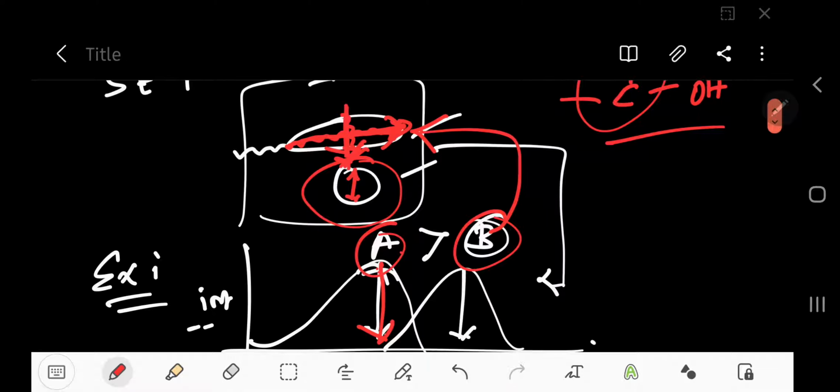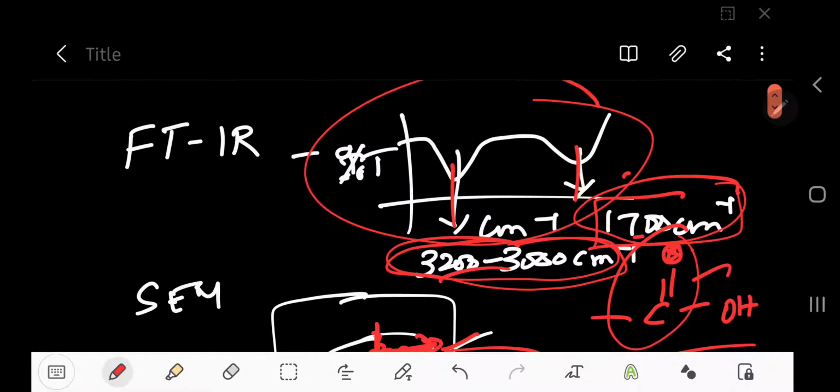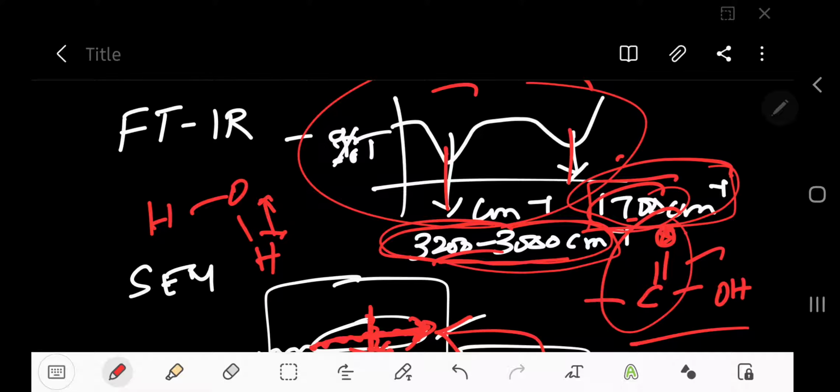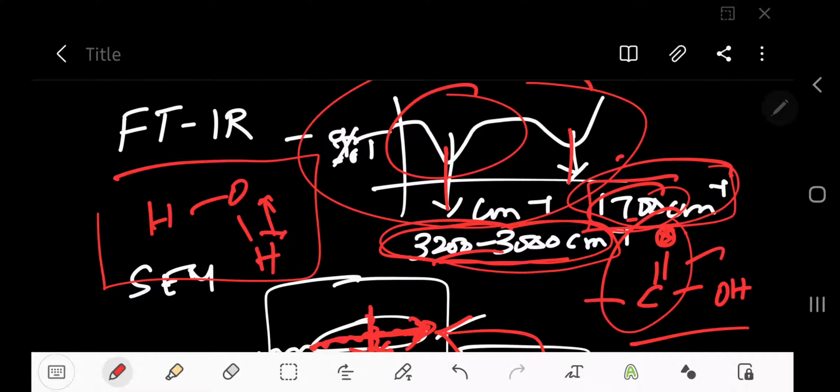Apart from this, you can also interpret the 1700 as a carbonyl group, and the 3000 to 3200 region as moisture content. Moisture also contains OH, right? That OH stretch will be more, so it will be broad. If we infer that there is more moisture content, due to which the broad band is received, then you can conclude that the surface of the nanoparticle is hydrophilic in nature, because there is moisture present.